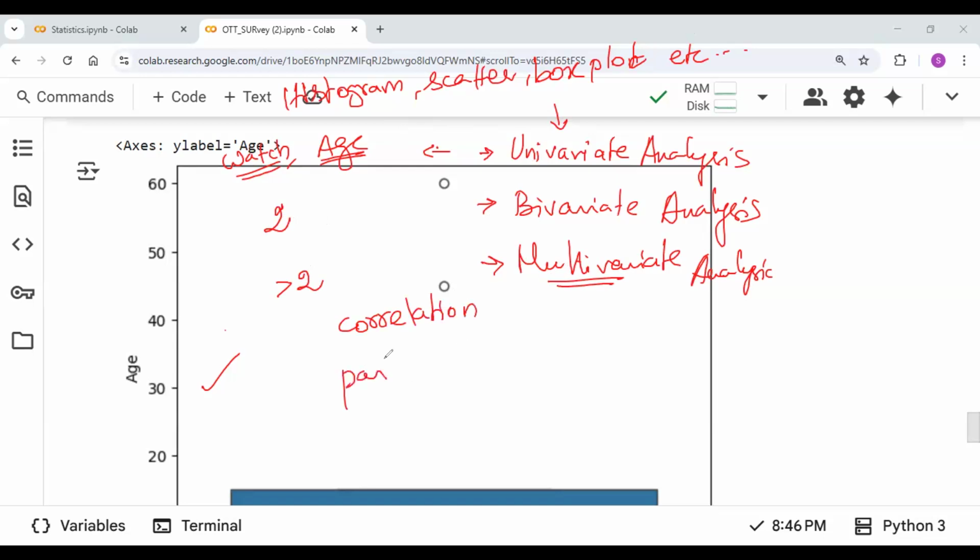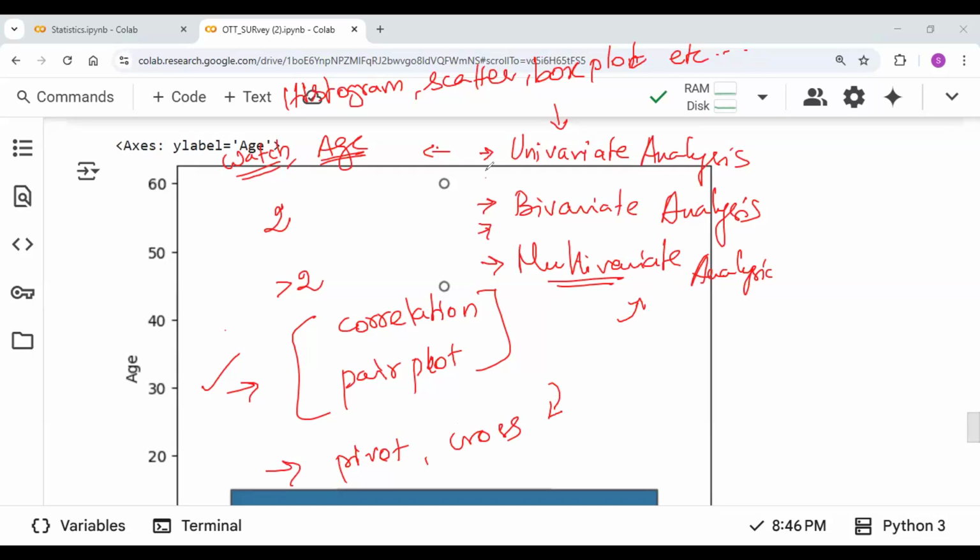Pair plot is also a multivariate analysis, where you can make a relationship, not only with the visualization tool, you can also use group by, pivot table, whatever it is, cross tab. Okay, so you can explore your data. Any tool, if you try to explore your data with the relationship between two or more variables, that will come under the multivariate. If only two variables' relationship, that will come under the bivariate analysis. Only one feature is a univariate analysis.